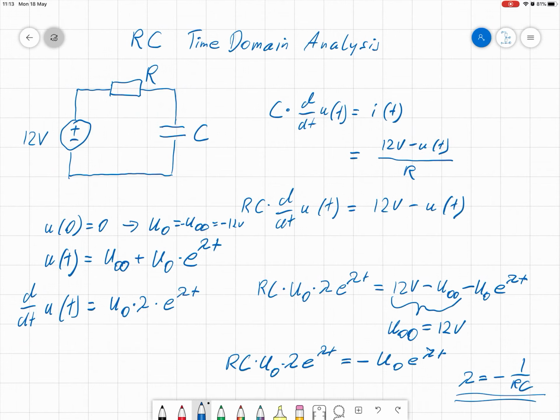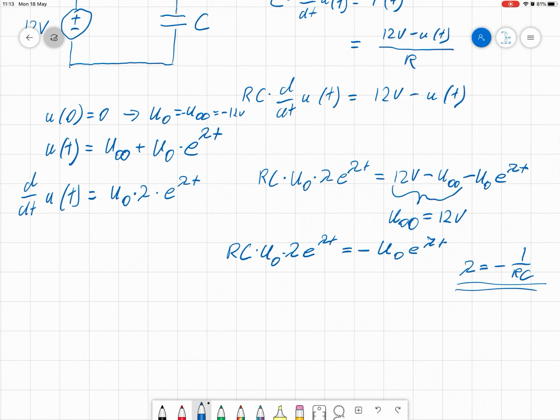We have U infinity, we have U naught, and we have lambda, so we can write down our solution equation, which is therefore, looking at our Ansatz here, U(t) is equal to 12 volt minus 12 volt times e to the minus t divided by RC, and we have to remember the minus sign.